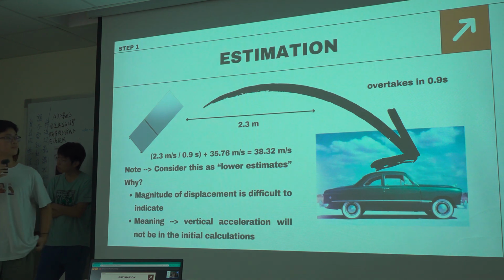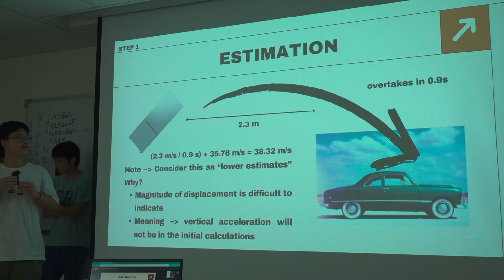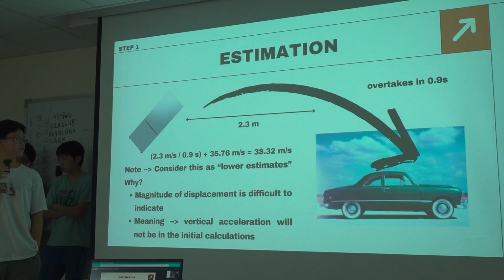So the estimation will be, in the movie we can see that the distance from the fridge to the car is 2.3 meters, and from the scene we can count that it overtakes the car in 0.9 seconds, which is very ridiculous.